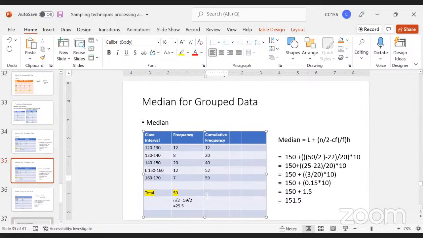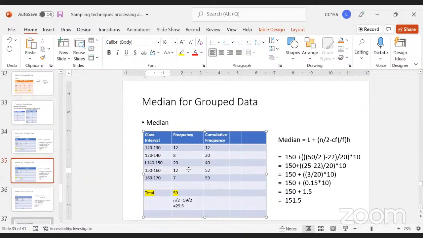Now, we are in a mode to choose the median class. So n by 2 means 29.5, right? Is this 29.5 anywhere in the given scores? No. More or less, it is coming to 20 here, so this would be the median class. This 140 would be your lower limit, so your L value is 140.